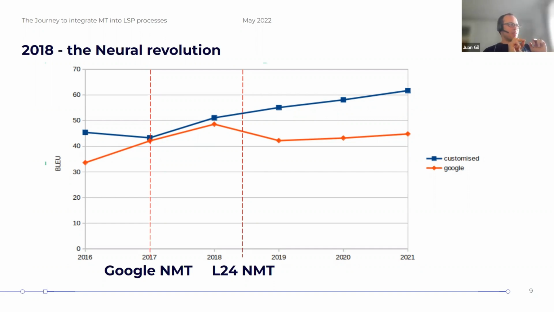And then when Google introduced neural, they kind of caught up with us. So in terms of the quality, again, these are BLEU scores, but these are things that we see also in productivity. So these numbers can be backed by productivity increase in our translation work. And then when we introduced neural MT, we started going away again, so justifying this custom MT journey.